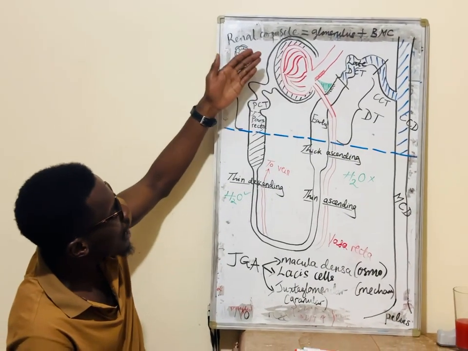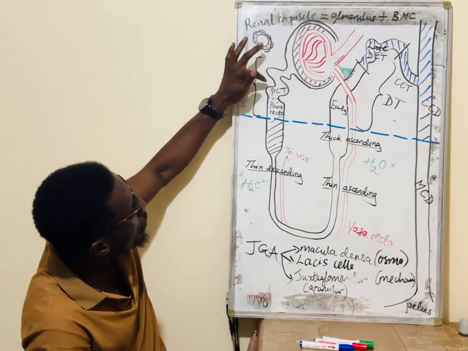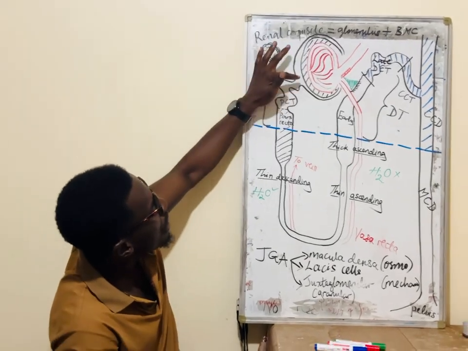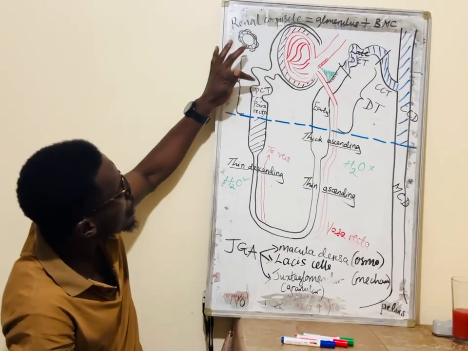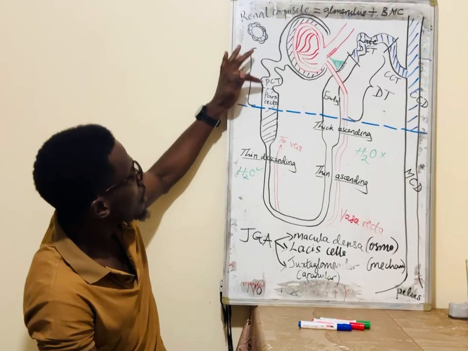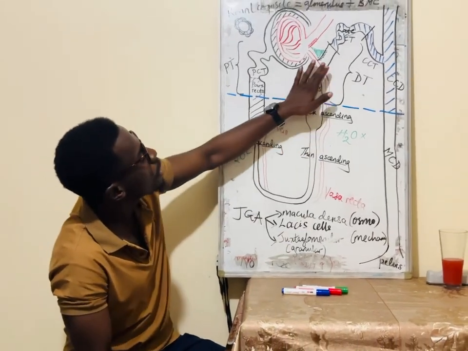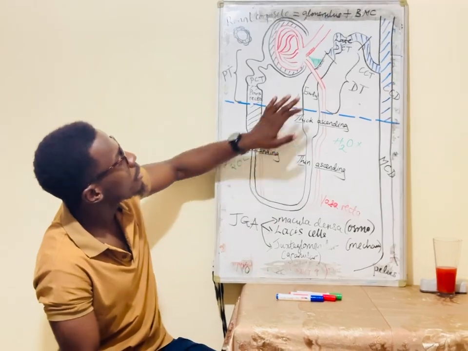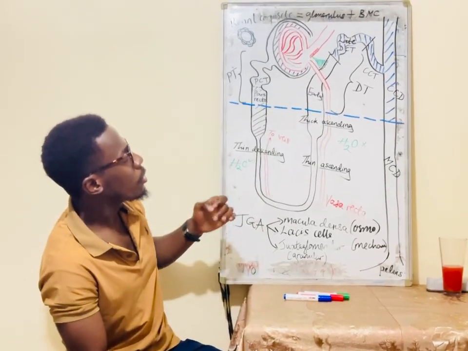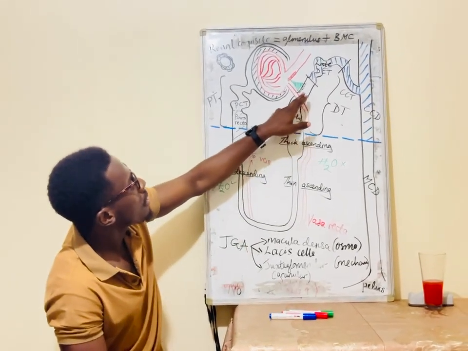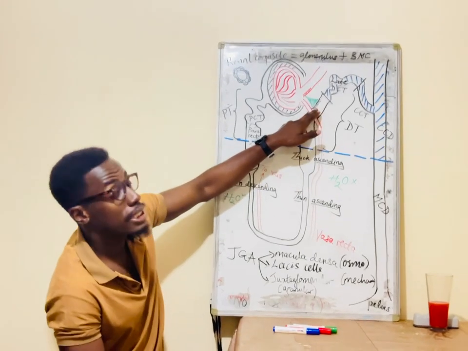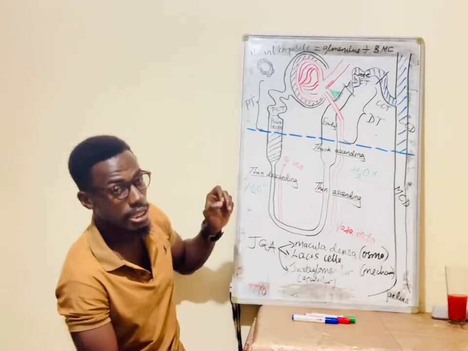And so that means that the tubular load, or the amount of sodium chloride that goes into the tubule, is reduced. And so the amount of sodium chloride that goes through the tubule to reach the early distal tubule to reach the macula densa is also reduced. So that reduction in the concentration of sodium chloride is going to be detected by the macula densa cells.